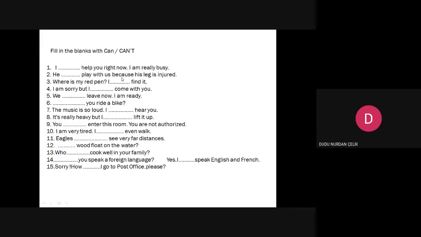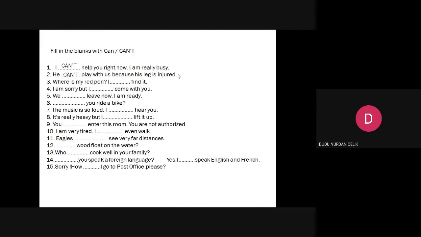I have no time, so I can't help you right now. He can't play with us because his leg is injured, because his leg is bad. When he was playing or doing something, he fell maybe and he has a problem with his leg now, so he can't play with us.